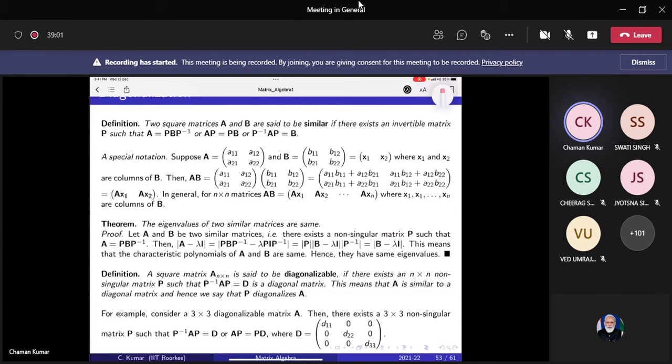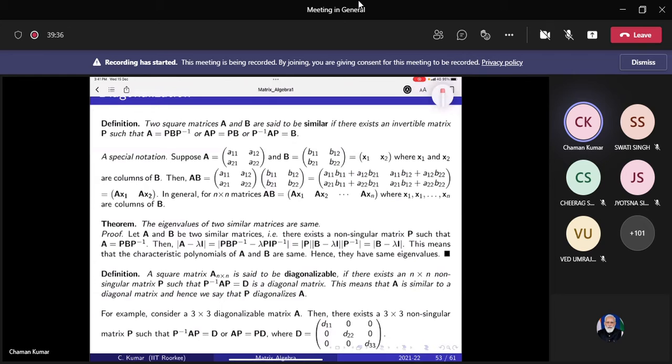So the utility of this result is that if the matrix A is complicated and you are able to find a matrix B with many zero entries such that A and B are similar, then instead of finding the eigenvalue of A, you can find the eigenvalue of B, and with the help of the eigenvalue of B, you can also say that the eigenvalue of A is same.